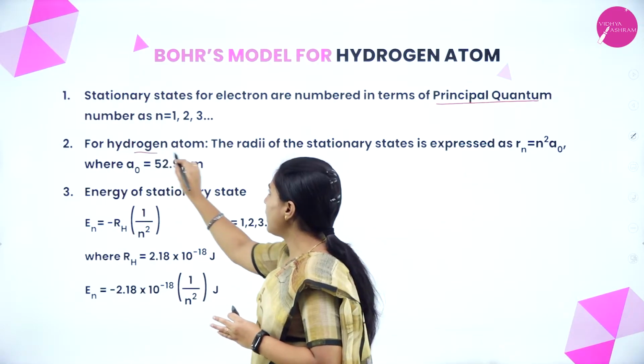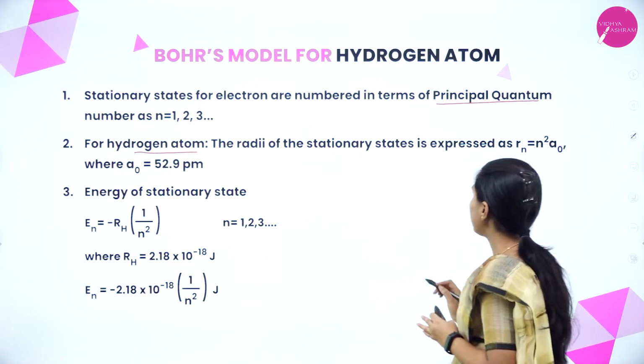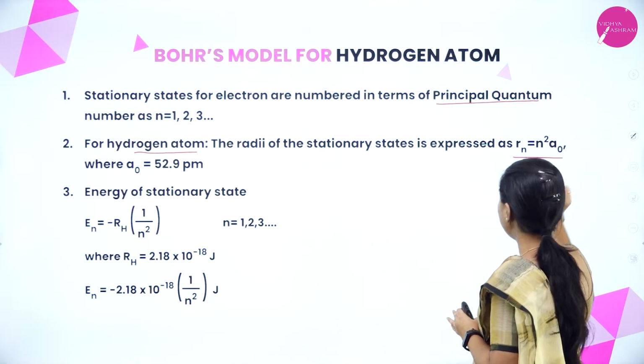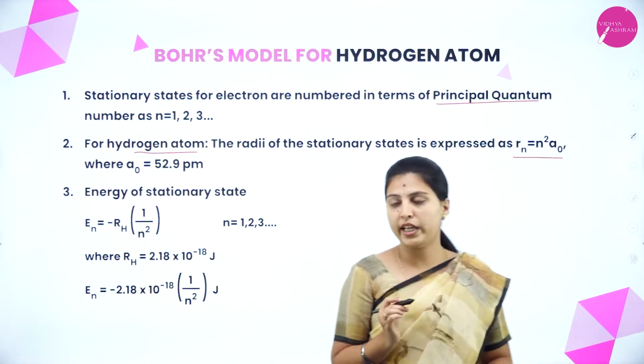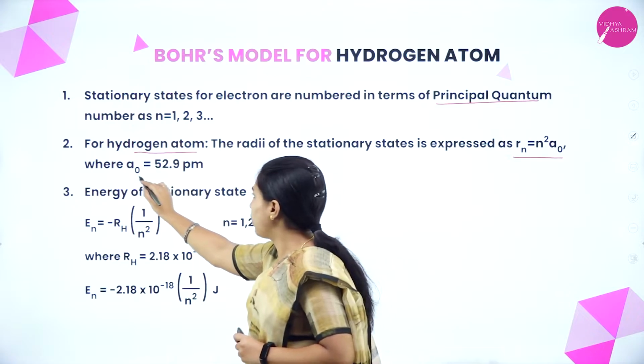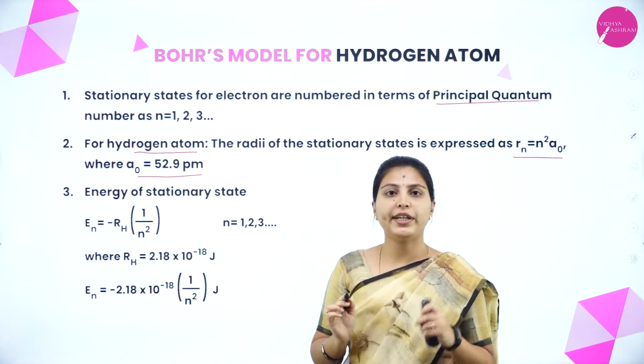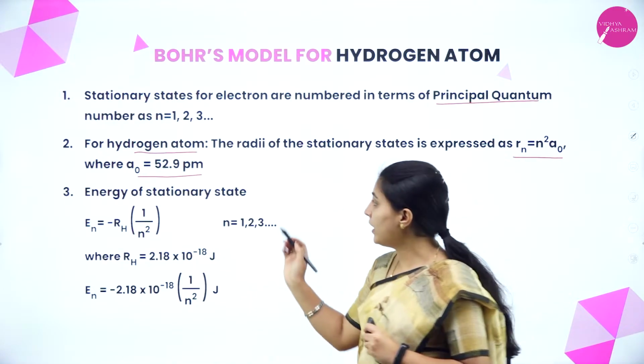Next, for the hydrogen atom, the radii of the stationary states are expressed as Rn equals n square into a naught. a naught is a constant, that is 52.9 pm, for the hydrogen atom.